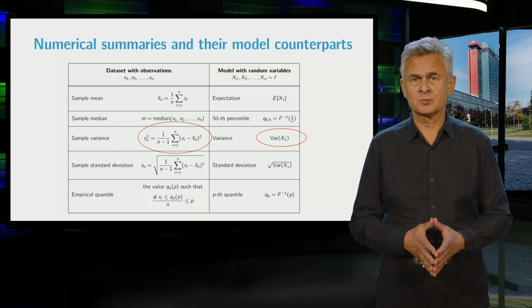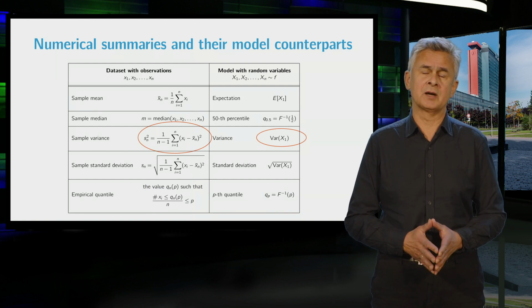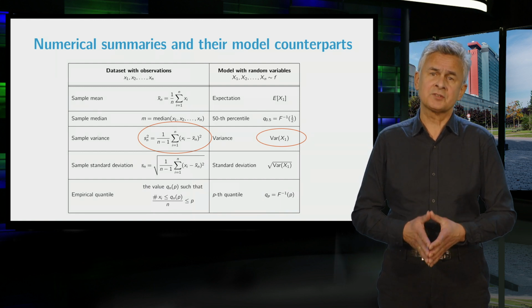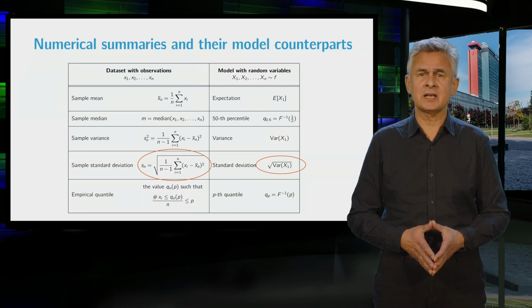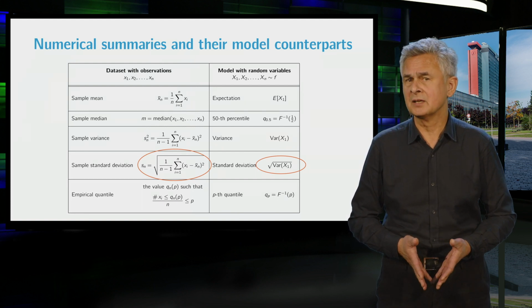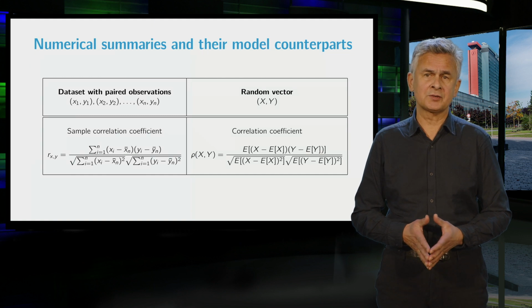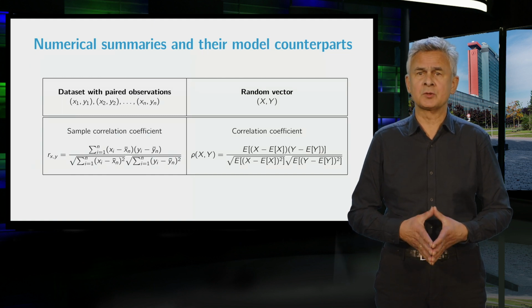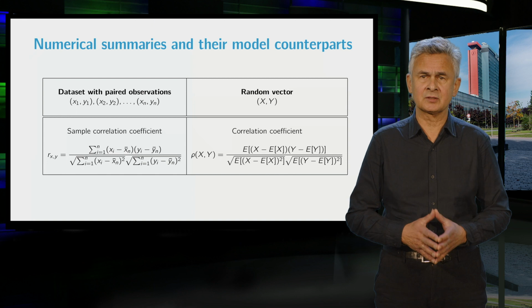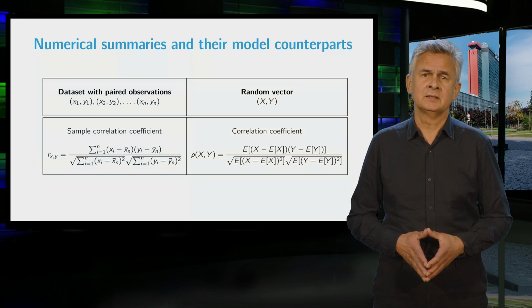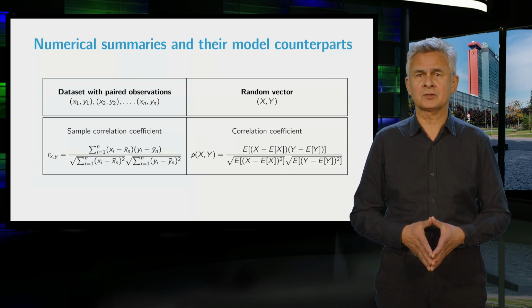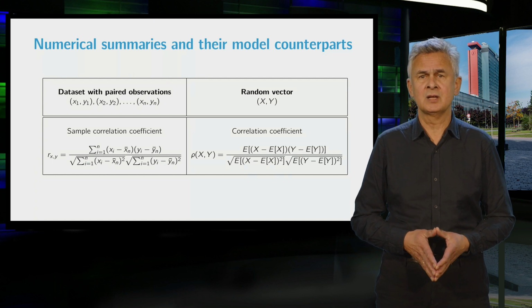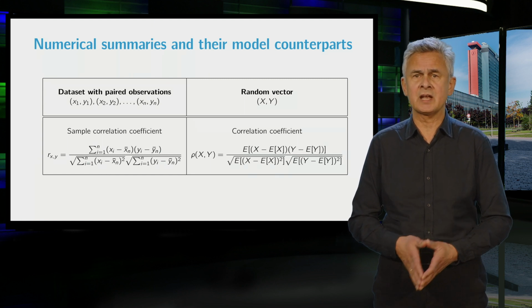The sample variance will be close to the variance of the model distribution, and similarly for the sample standard deviation. And finally, if we have paired observations that are generated from the joint distribution of a random vector (X, Y), then the sample correlation coefficient computed from the observations will be close to the correlation between X and Y.